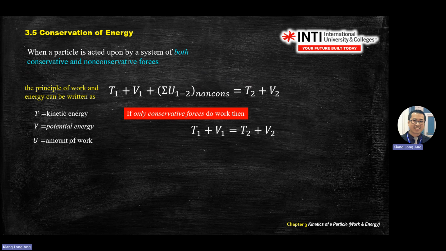If you see the question, a skater on the ice, a car on the wet road, or something smooth surface, then straight away you modify the principle of work and energy equation, remove the non-conservative work, then you arrive at T1 plus V1 equal to T2 plus V2. T is kinetic, V is potential energy.